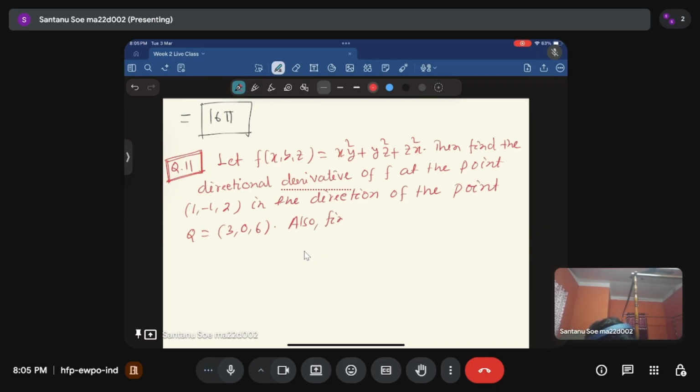Also find the maximum directional derivative at P.